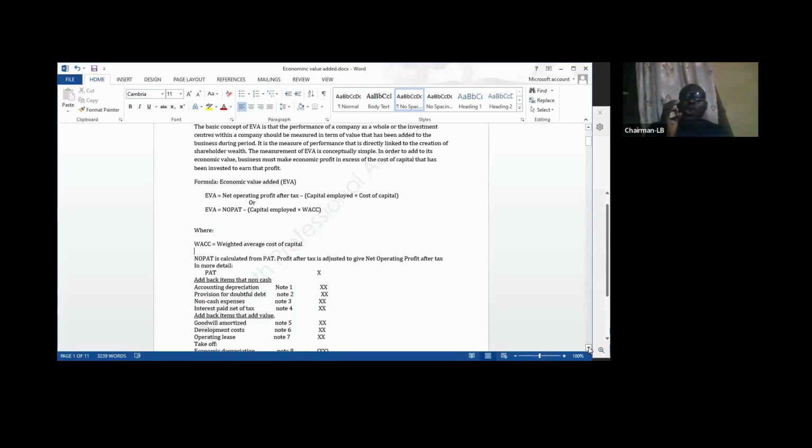Now, how do we compute net operating profit after tax? Please, let's look here. You are going to pick your profit after tax.